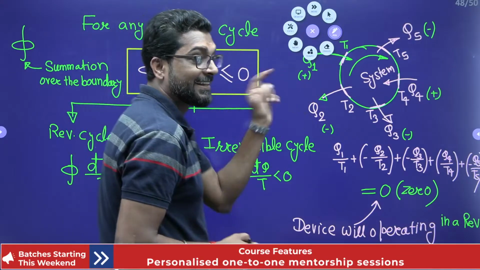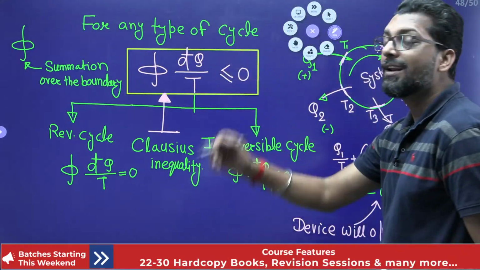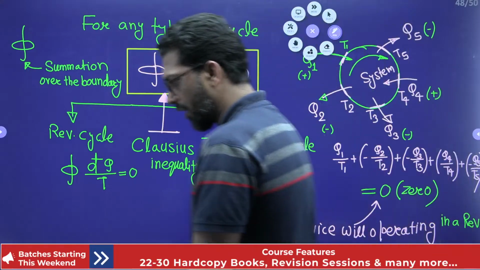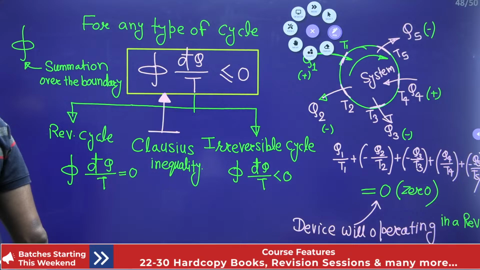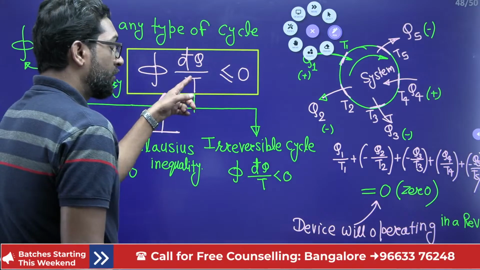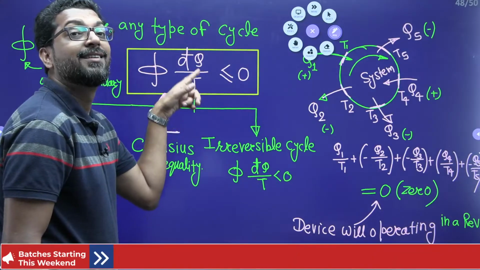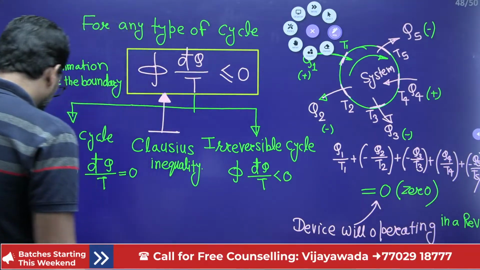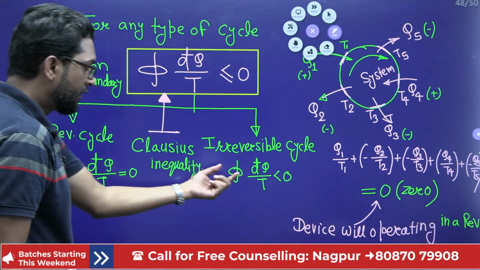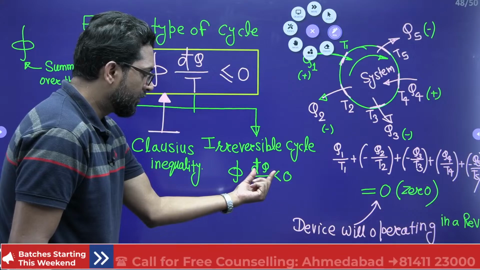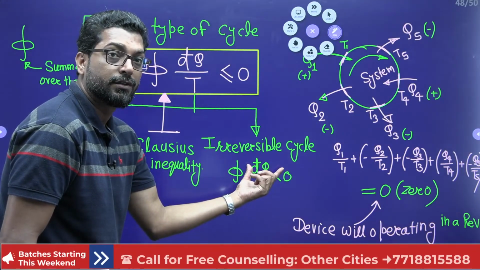And T is the temperature of a system boundary across which heat will transfer. Okay, no problem at all. Now, this is not the temperature of the source or sink. It is the temperature across which the heat will transfer. So we can say that this quantity is not equal to zero for the irreversible process.